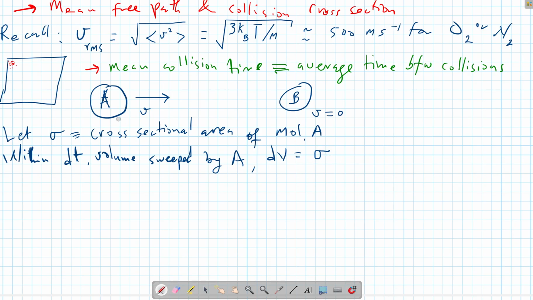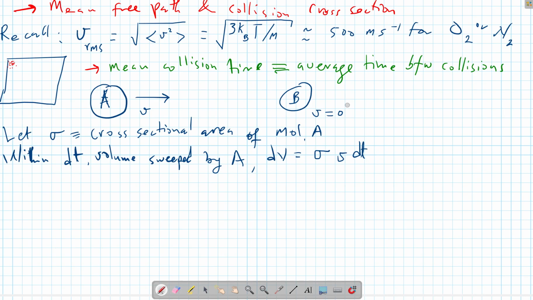If we assume the molecule is spherical in shape, for example, then that cross-sectional area times the velocity of the molecule times dt is going to be the volume element.